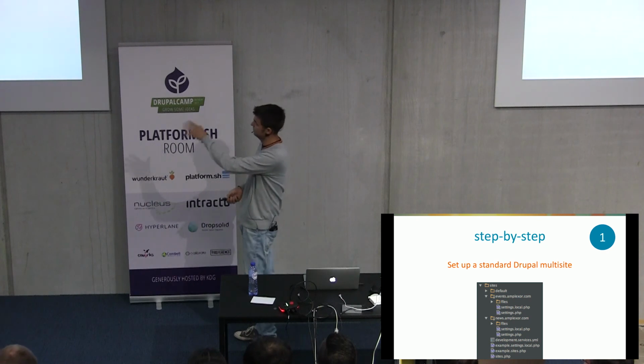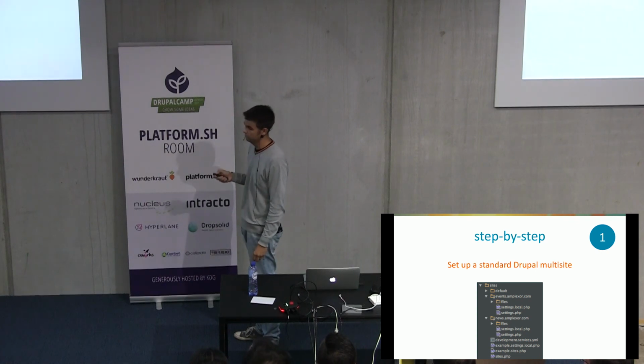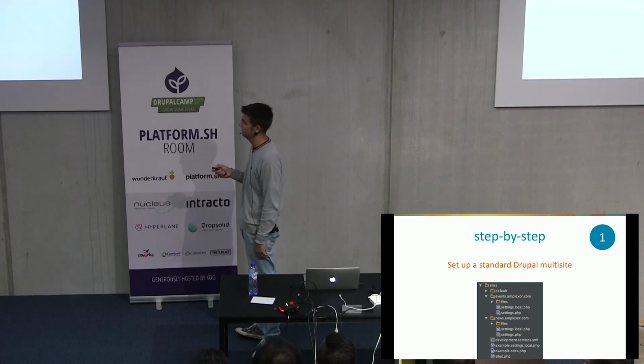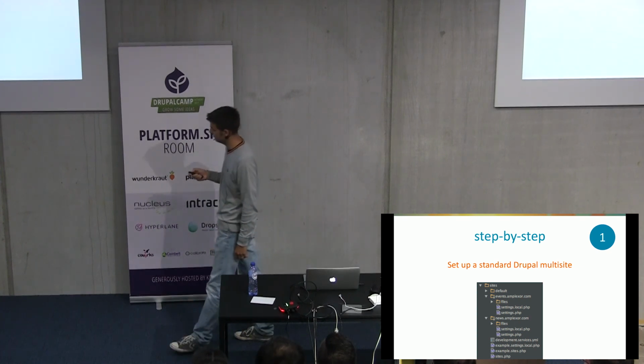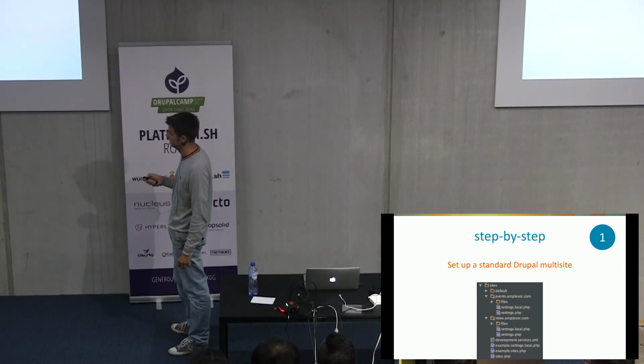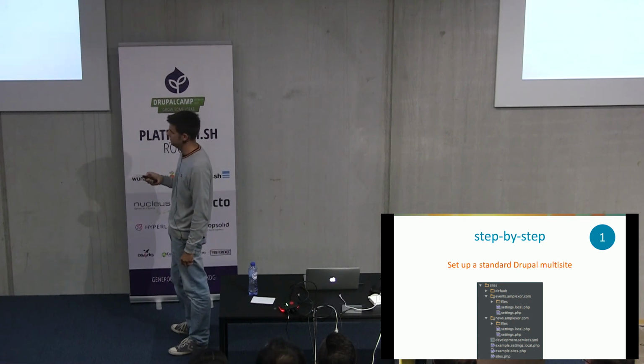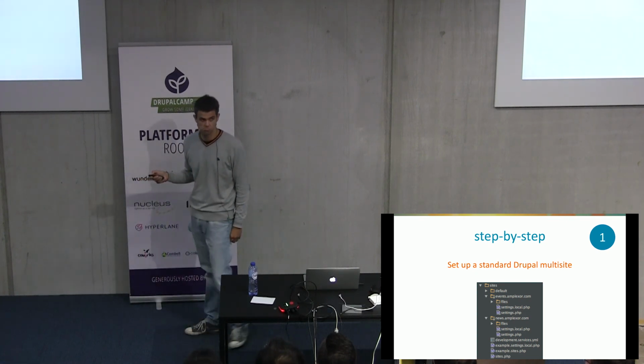So this is how the standard Drupal multi-site looks. In the sites directory, normally you only have the default directory. Now we have multiple directories here, one for every site, and you have different settings files and different files directories. Important to know is this sites.php, which is a copy of example.sites.php, should be there. If I'm not mistaken, this wasn't necessary in Drupal 7.